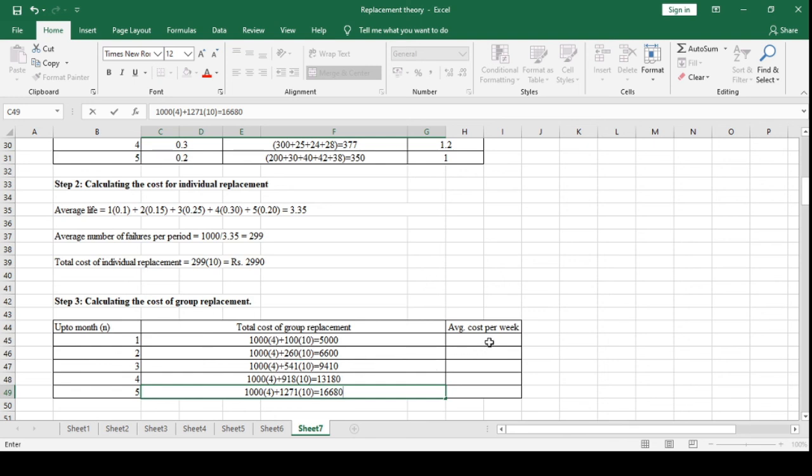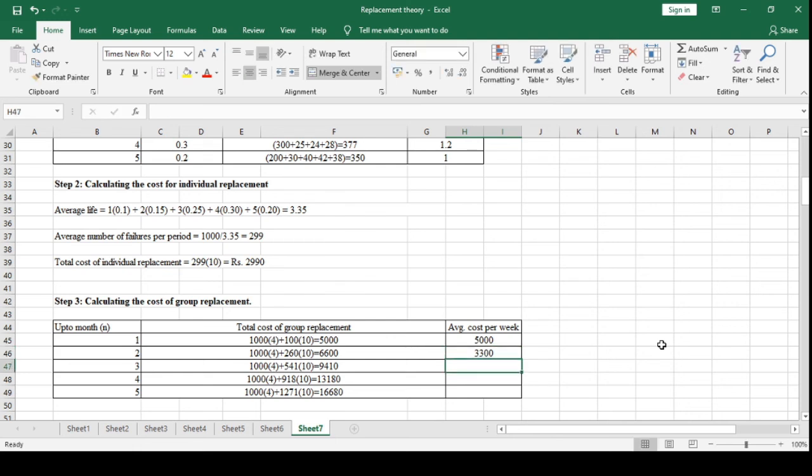Now we will calculate the average cost. We know how we calculate the average cost, that is the total cost divided by the number of months. For the first month, 5000 divided by 1, so your answer is 5000. For the second, 6600 divided by 2, so that is 3300.